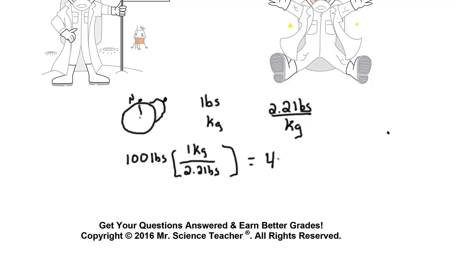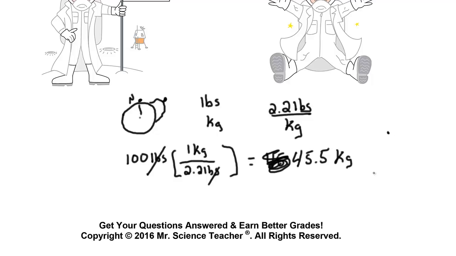So let's say roughly 45.5 kilograms. Sorry, my 5s look a lot like 6s. So the pounds drop out and I'm left with units of kilograms. When you say 100 pounds, that's 45.5 kilograms.